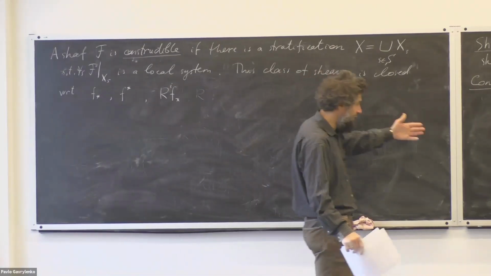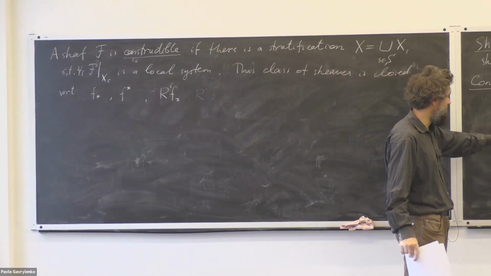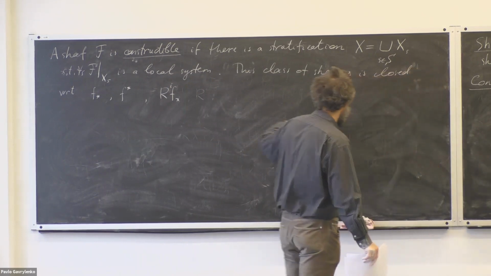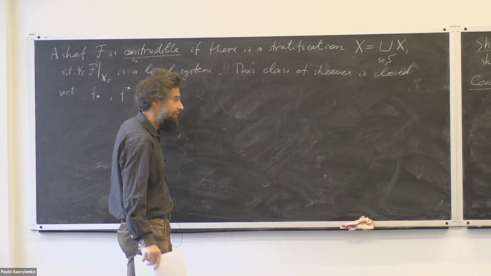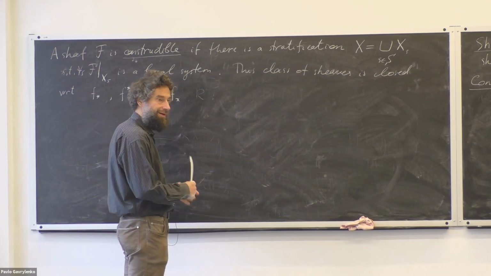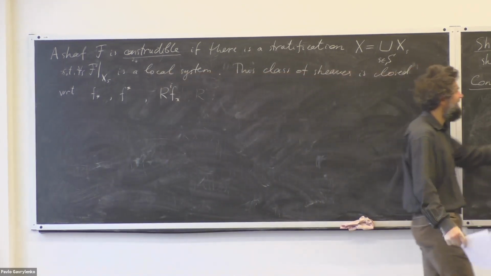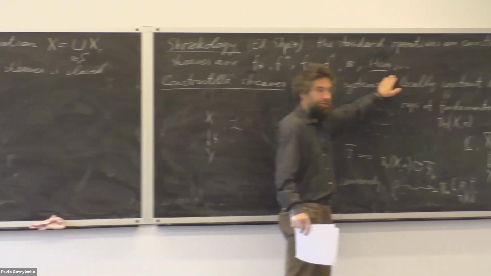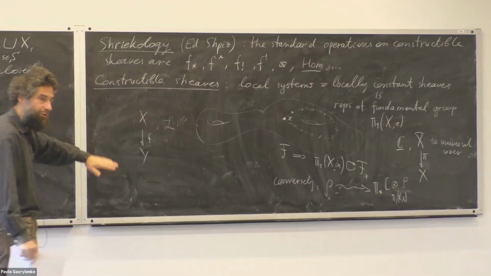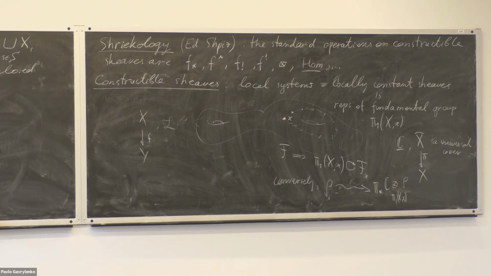So you start with local systems, then you close it with respect to the push forwards and derived push forwards, and you obtain all the possible constructible sheaves. So you want to obtain some class of sheaves closed with respect to standard operations. So you start with local systems and you close it, and there you are.